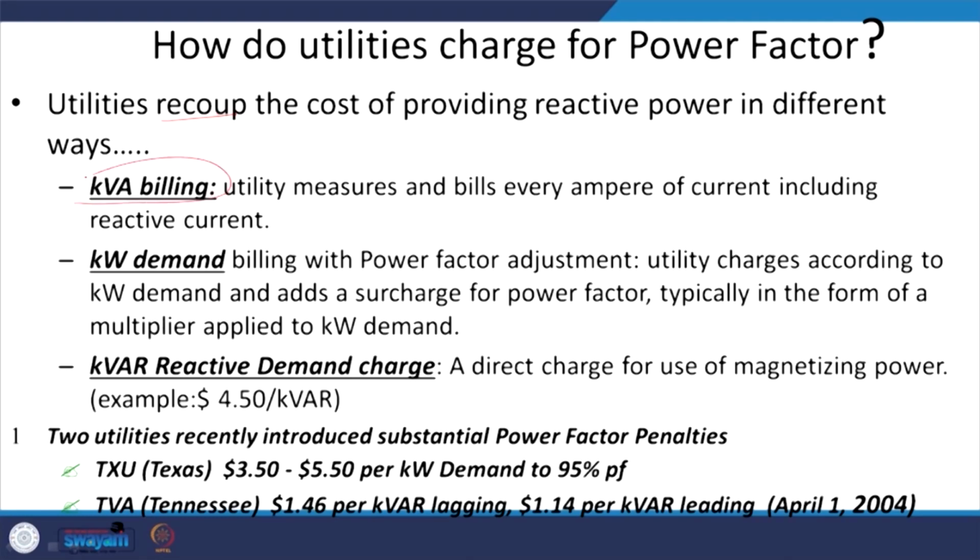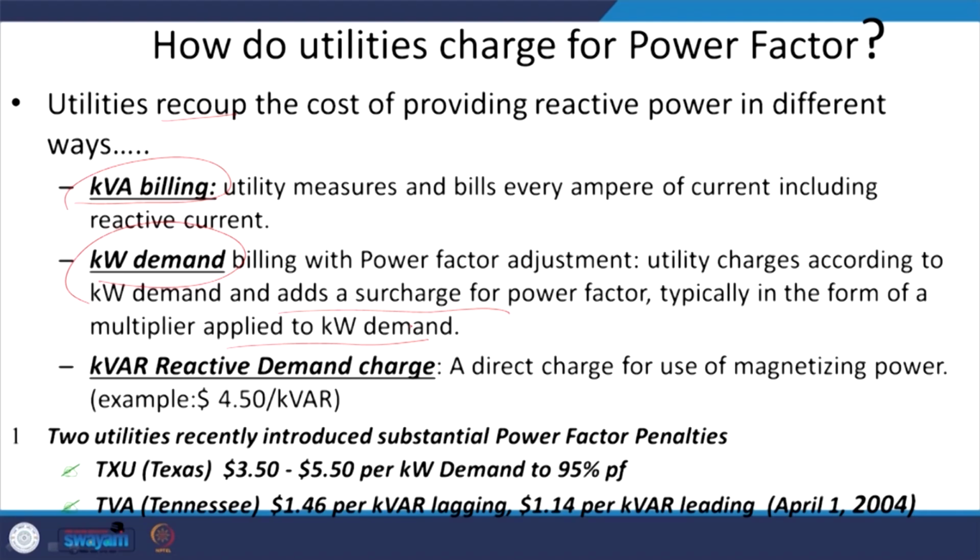One is kVA billing, where the utility bills for every ampere of current, including the reactive current. Another is real power demand billing with power factor adjustment, where the utility charges according to the kilowatt demand and adds a power factor surcharge, typically in the form of a multiplier of the applied kilowatt demand.